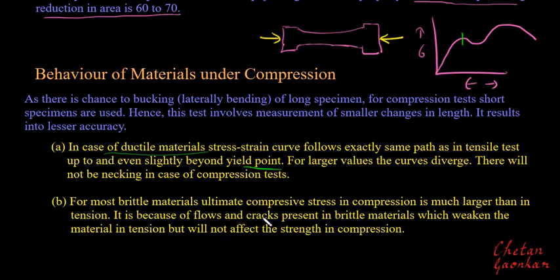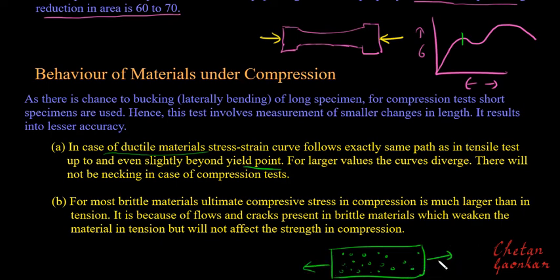But if a brittle material is subjected to compressive loading, then the curve for the brittle material in tension and in compression will be totally different from each other. The reason is the properties of brittle material: you must be knowing, there will be many voids and defects inside. The effect of these defects enlarges when it is subjected to tensile loading.